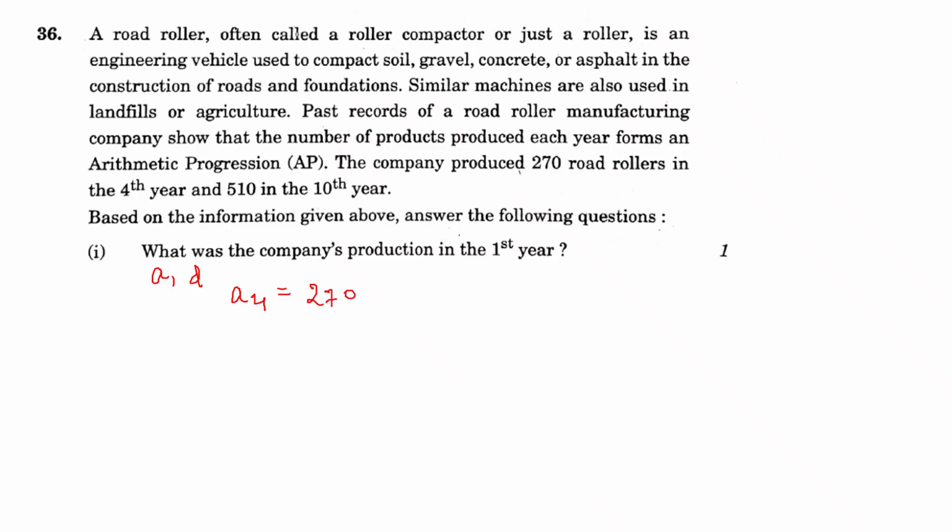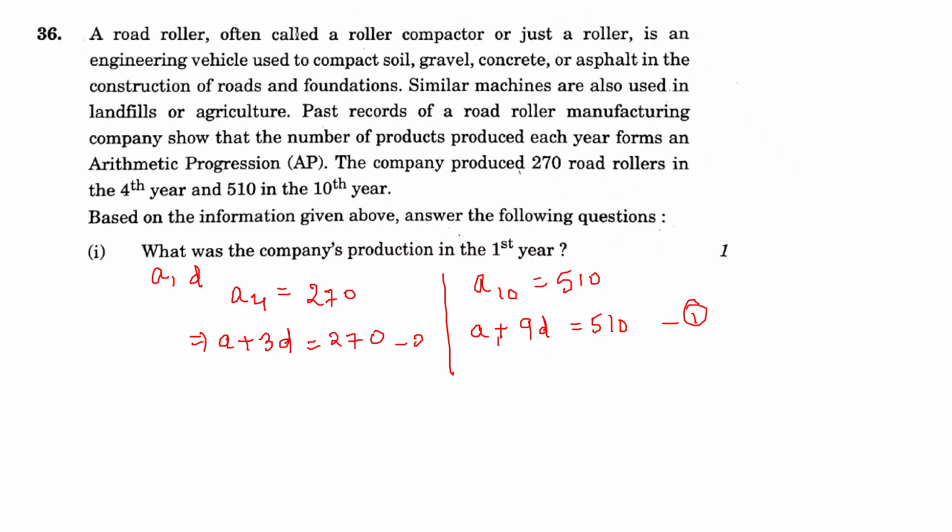A4 means A plus 3D is equal to 270. Next, A10 is given as 510, which I can write as A plus 9D is equal to 510. Now let me mark this as equation 1 and this as equation 2.